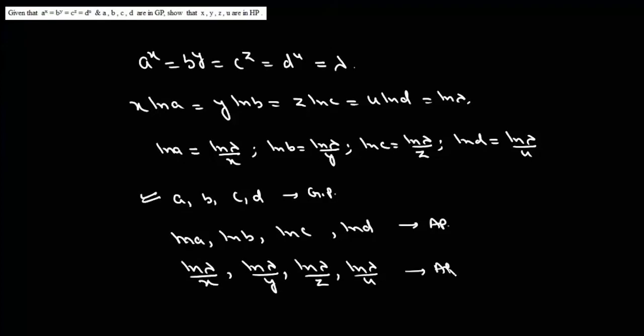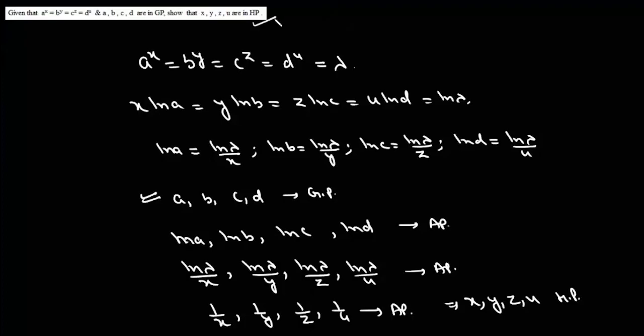It will also be an AP. Now we'll divide everything with log lambda, and we know that if we divide each term with a constant, then it will still remain an AP. So that means 1 upon x, 1 upon y, 1 upon z, and 1 upon u will be an AP, and the reciprocal of an AP is HP. So that means x, y, z, u, they are in HP, which is what we need to prove in this question.